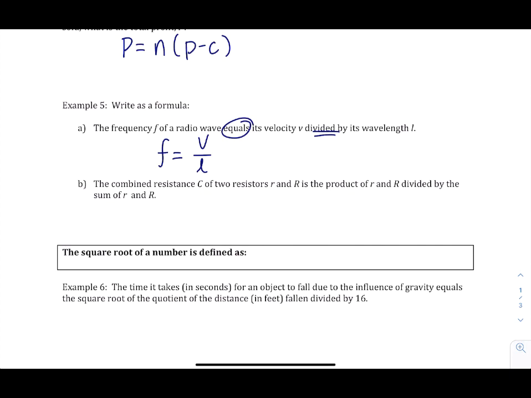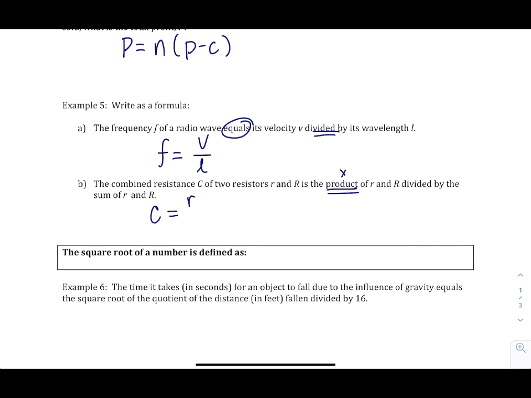Now in part B, the combined resistance C of two resistors, r lowercase and R capital, is the product of r and R divided by the sum. So how would we express this? Well, we're looking for the combined resistance C, and we know that we have a product. That means multiply.